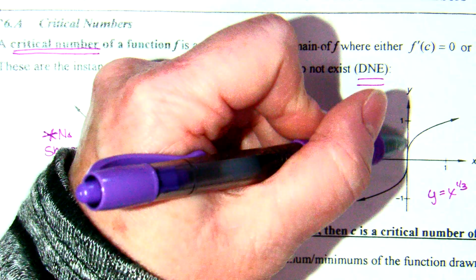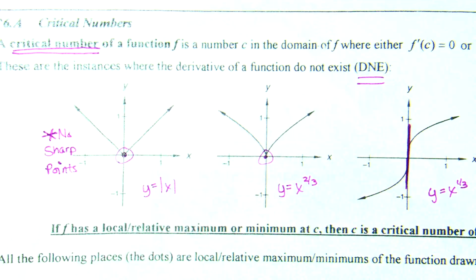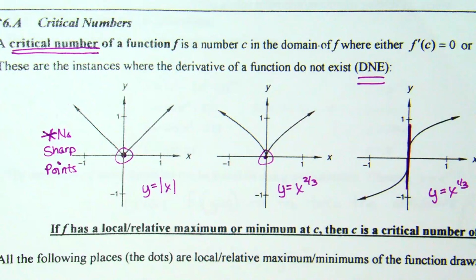And so right there, that is a situation where, again, the derivative does not exist. It's fine on the curves and stuff. It's just right there at that part that flattens out at x equals 0. Okay, so those are some examples of where they do not exist.